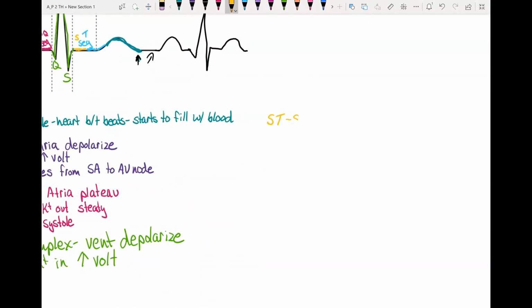But next you have the ST segment. This is when the ventricles are in plateau. So they have calcium in, potassium out, and the voltage is steady, and you have ventricular systole.